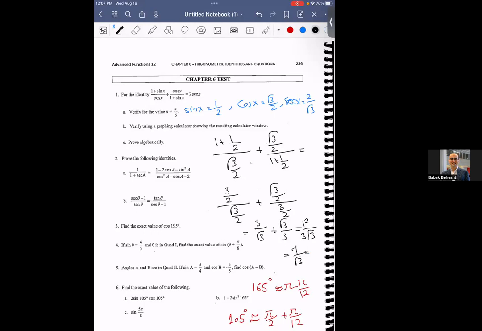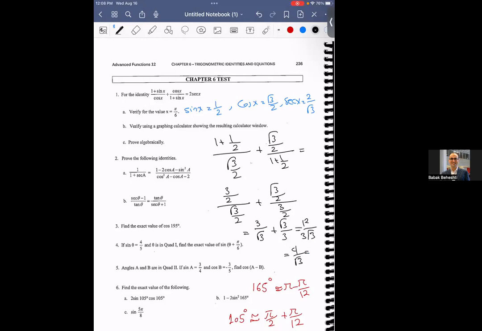For example, you go to some website like Wolfram Alpha, and then you can graph the two sides of this equation. Just plot it using your computer. Some of the websites do it online, okay? And then for part C, you have to prove it algebraically.